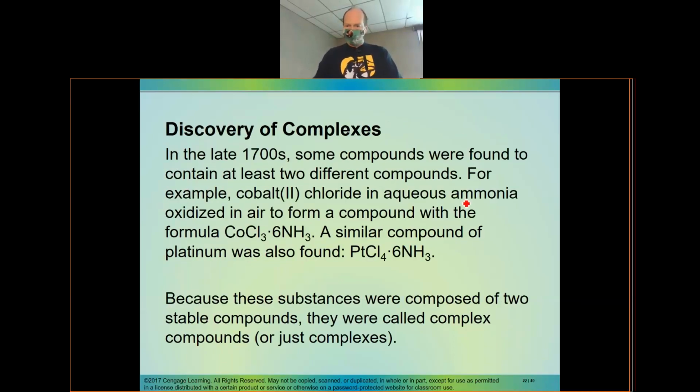All right, so history, we found a bunch of compounds in the 1700s where we had cobalt with chlorine and NH3. We also found a lot of platinum with chlorine and NH3. They were composed of 2 stable compounds. They were called complex compounds or just complexes.